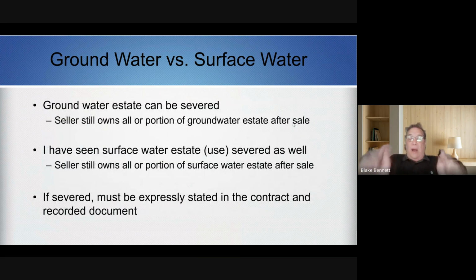Now, groundwater can be severed. So in other words, if we would have had an aquifer underneath our property in West Texas, I could have reserved all or a percentage of that groundwater. I've seen surface estates that have been severed, surface water.